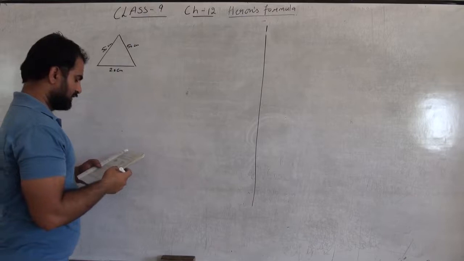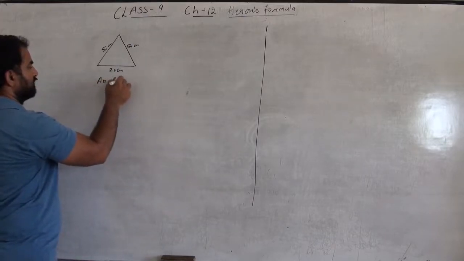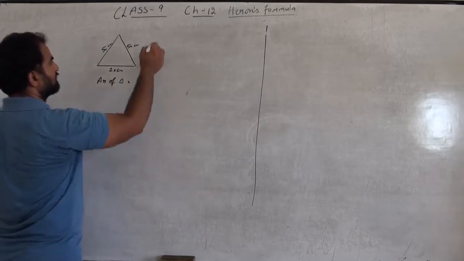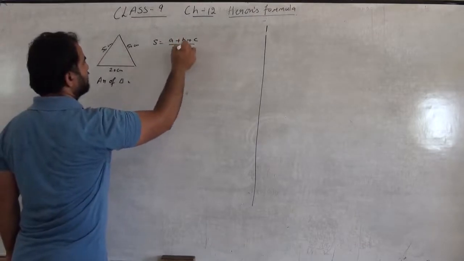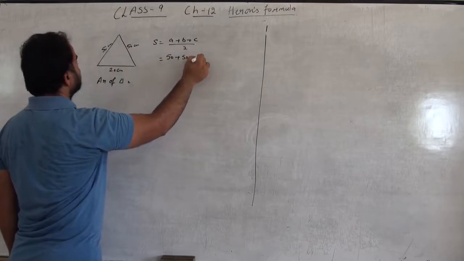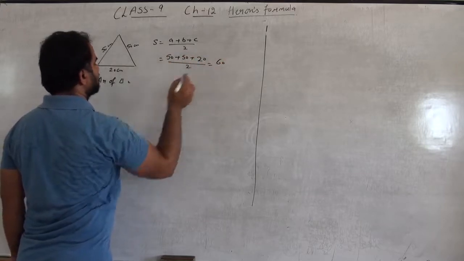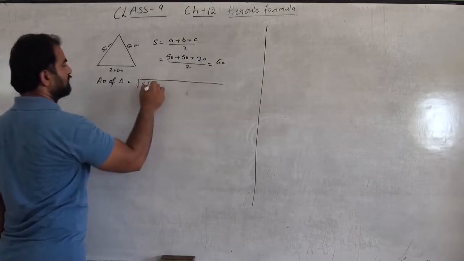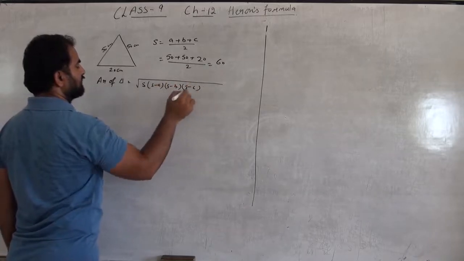So area of one triangle equals, first of all we have to find S. So S will be (A plus B plus C) upon 2, (50 plus 50 plus 20) by 2. It will be 60. And area of triangle is root of S into (S minus A) into (S minus B) into (S minus C).